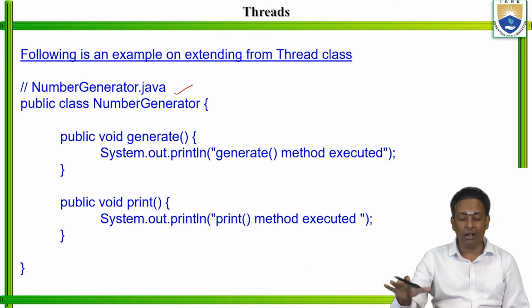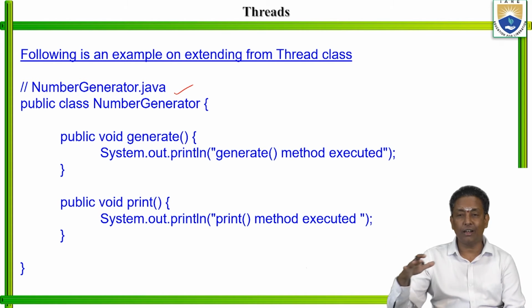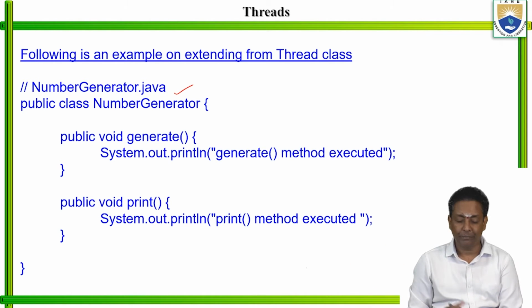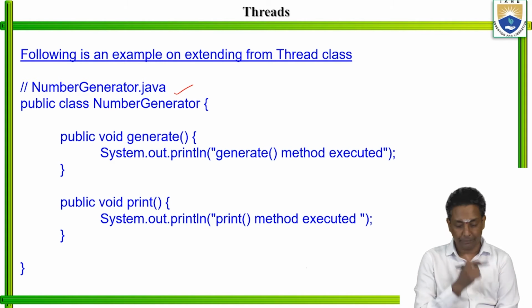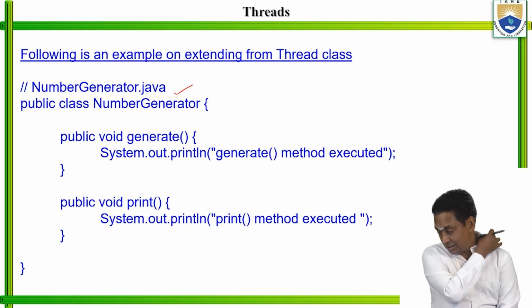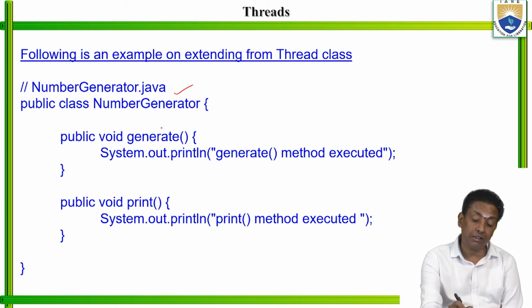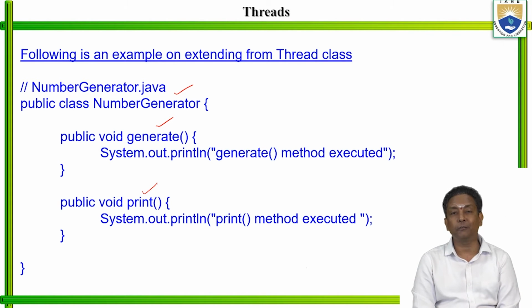This is the most commonly seen class in every multithreading example. You can take many other classes too, but I am taking a simple NumberGenerator class. In it I implemented two methods, one is the generate method and another is the print method.